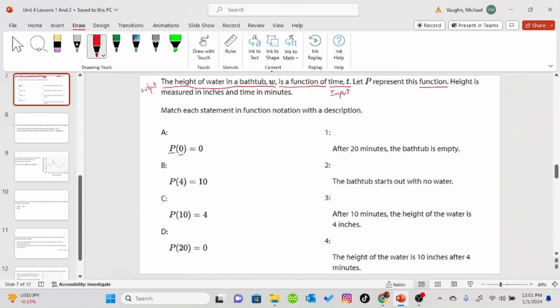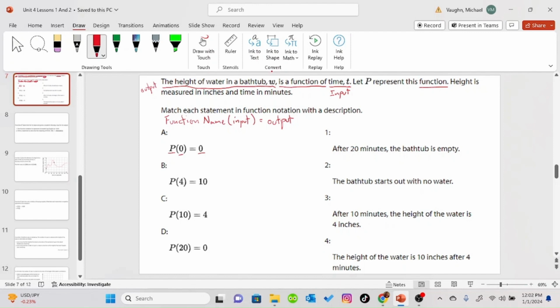So inside the parentheses is your input, and what it equals is your output. So when we have function notation, we have the function name, the input inside parentheses, and it equals the output. So as we're trying to match these, that's what we're going to look at.